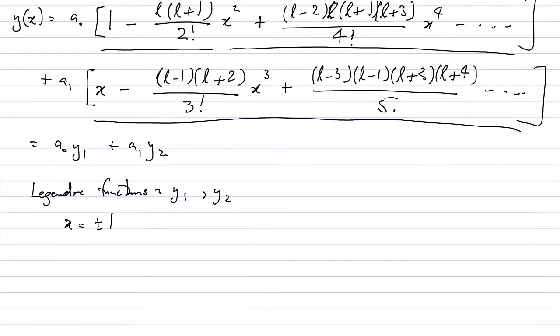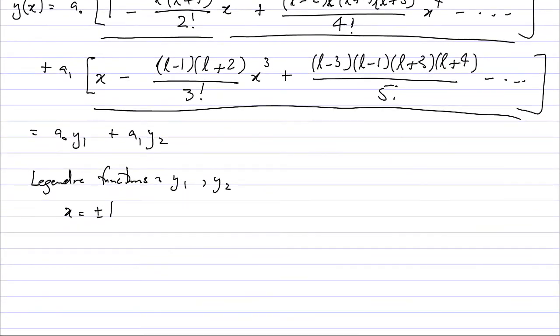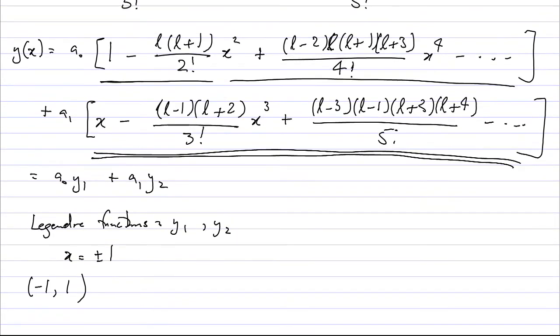The power series converge over the open interval minus 1, 1, so when x is from minus 1 to 1, not including the points minus 1 and 1, your series converge and you have perfectly nice solutions. They are infinite series, but they converge. But when x is equal to 1 or minus 1, you can check by applying the ratio test, for example, that this series will diverge for x equal to plus 1. It also diverges for x equal to minus 1 for arbitrary values of l in general.